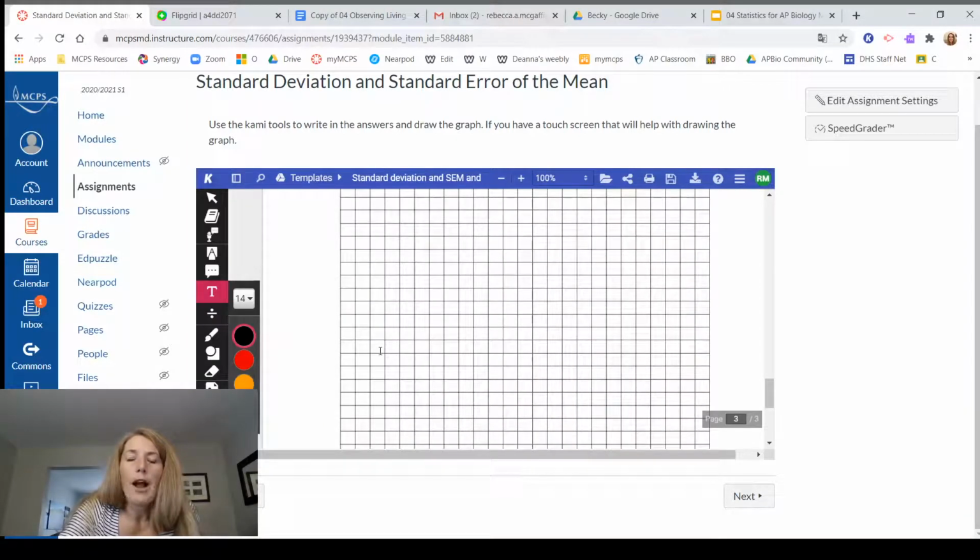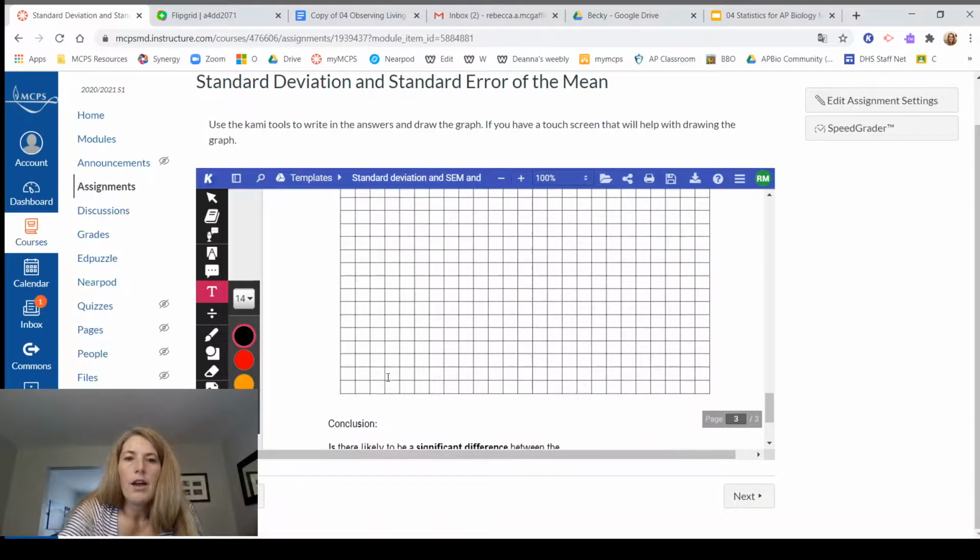Whatever your average is, so let's say my average is 7. My bar graph, I'm going to make 2 bars, okay? So this is going to look like this. I need a scale, so make a scale, okay? And I'm going to have group A, and I'm going to have group B, like that.